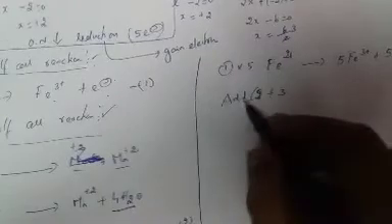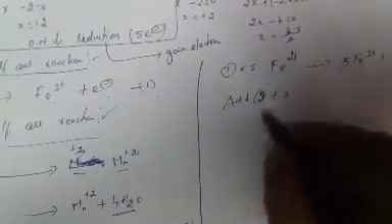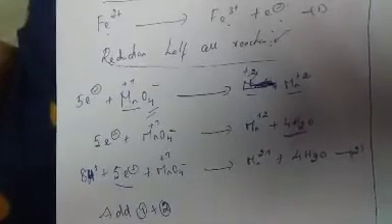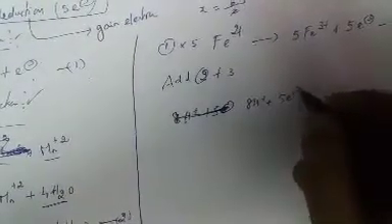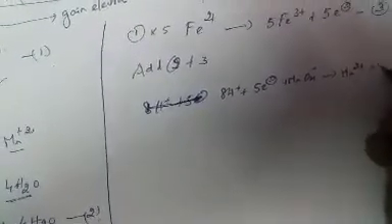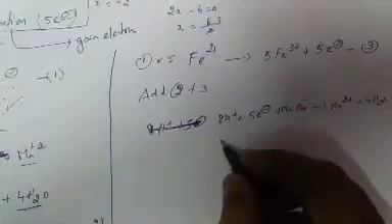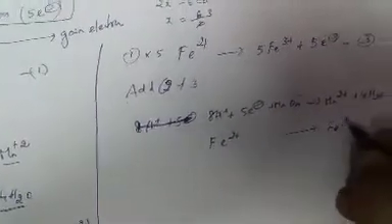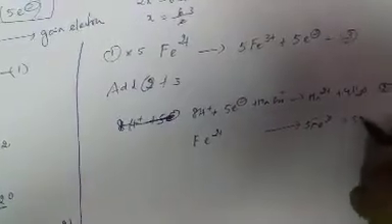The second equation is 8H+ plus 5 electrons plus MnO4- gives Mn2+ plus 4H2O. This is equation 2. Equation 3 is 5 Fe2+ gives 5 Fe3+ plus 5 electrons.